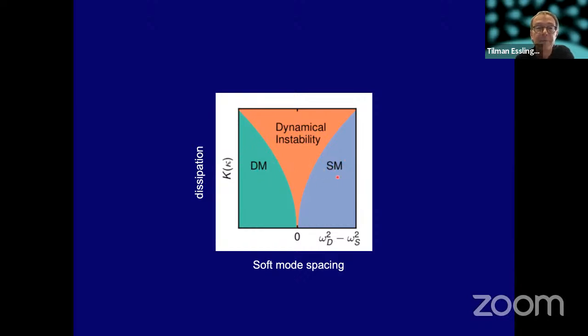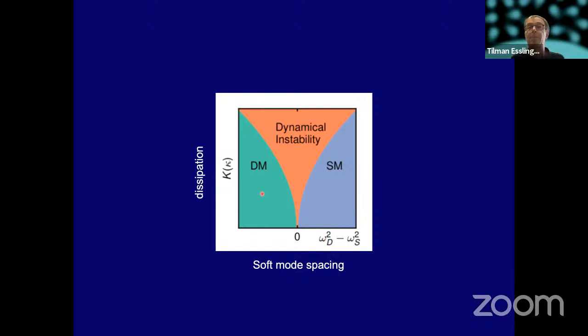So we will have two ways how to make a pattern in the system. Then you see here plotted the difference frequency between the two modes, or between the squares of the two modes. So you have two modes which can get soft.